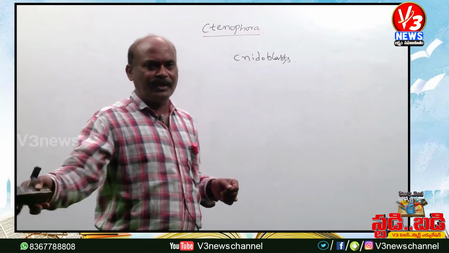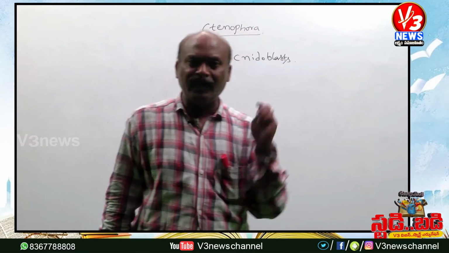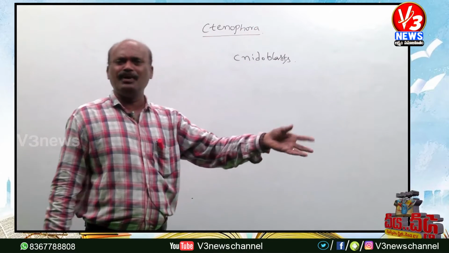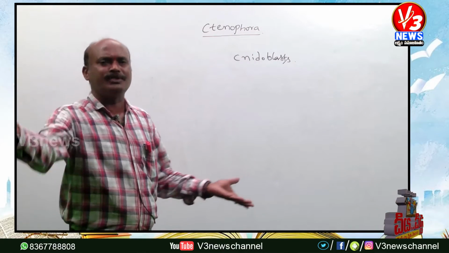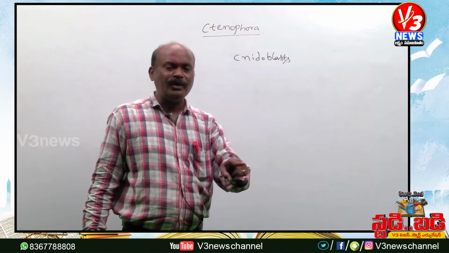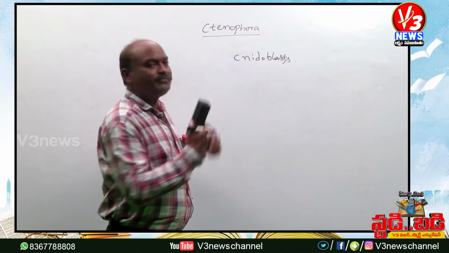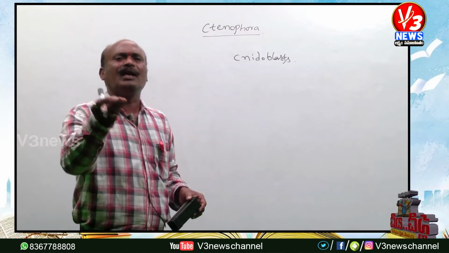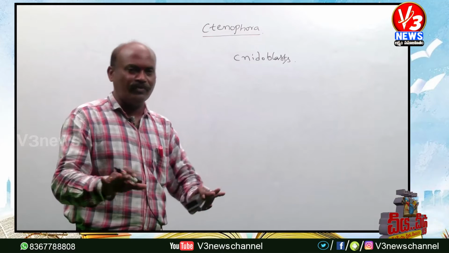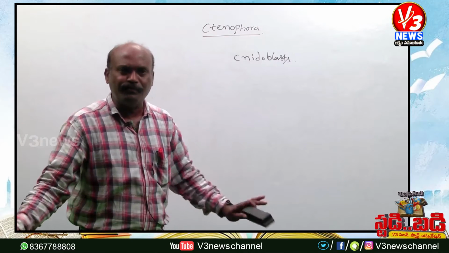What is the difference between a major phylum and a minor phylum? The simple difference is the number of species included. This is a minor phylum because it includes fewer species.